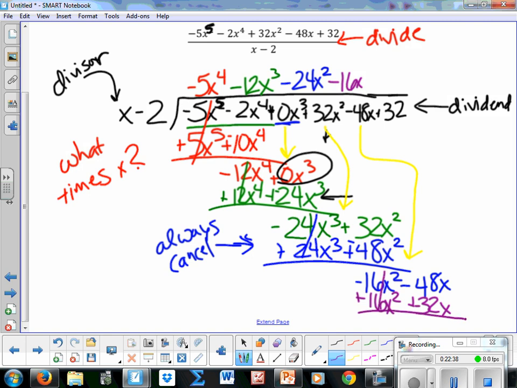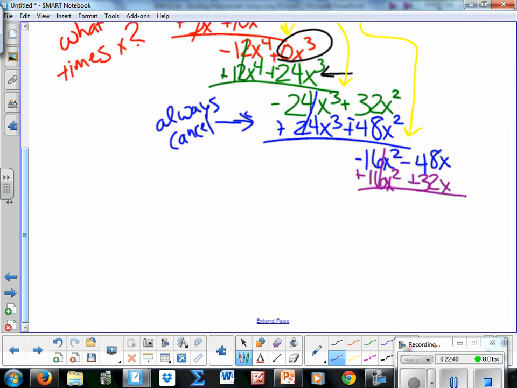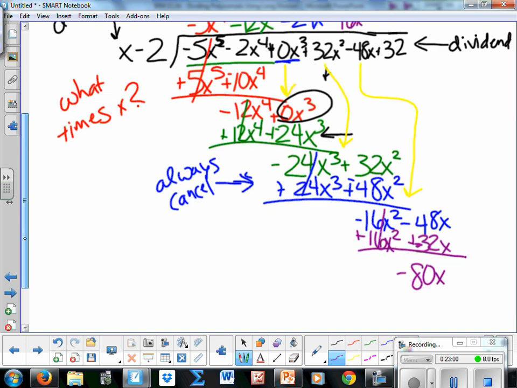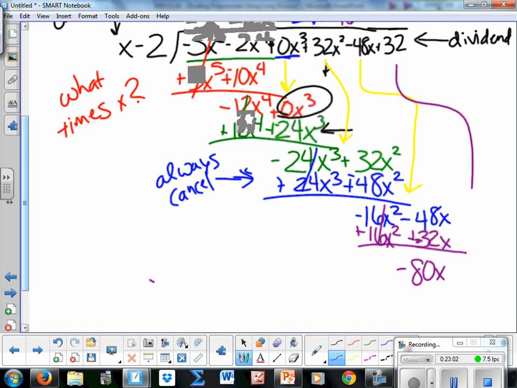These cancel. I don't think that showed up very well, but it's negative 48x plus negative 32x. That gives us a negative 80x. And then we've got to bring our last term down, which is a 32.